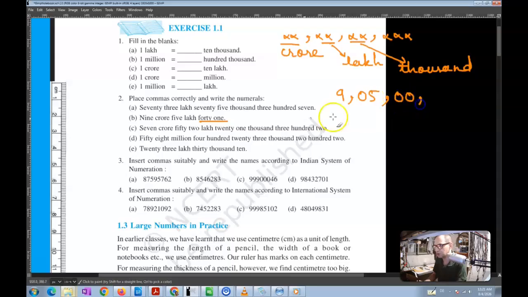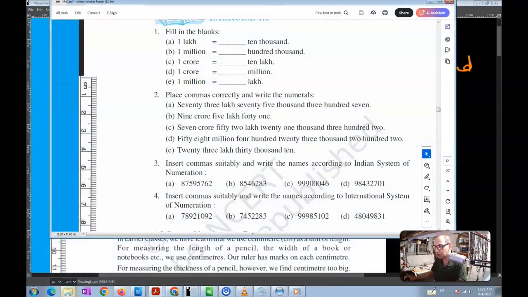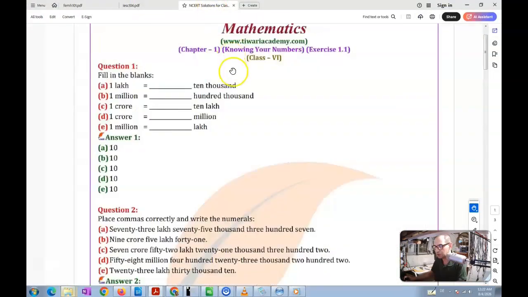So I put 2 zeros over here, and 41 would be 041. So that's 9 crore 5 lakh 41. In the English system, you would write the same number as 90,500,041.